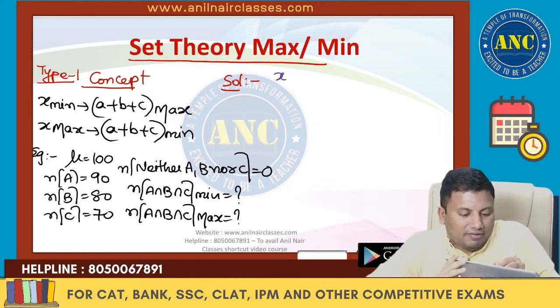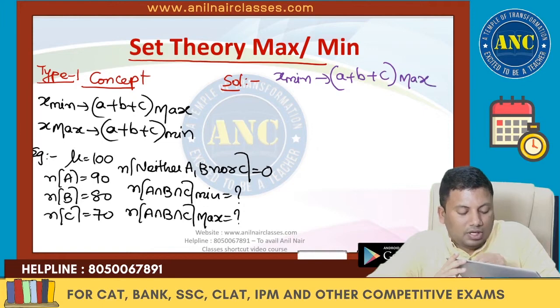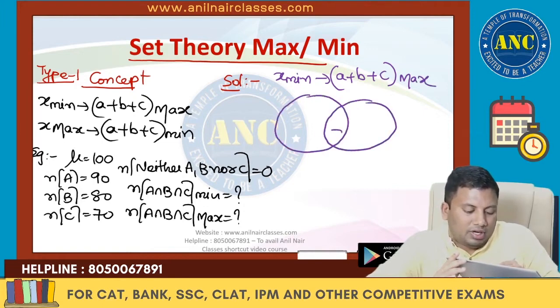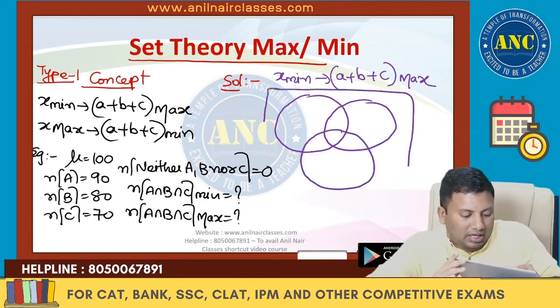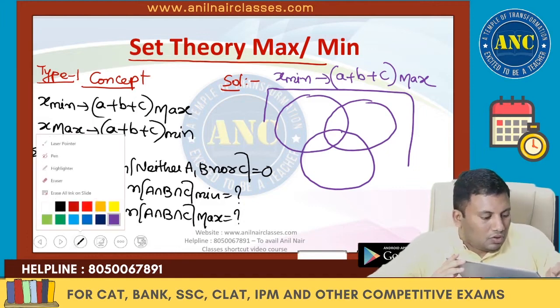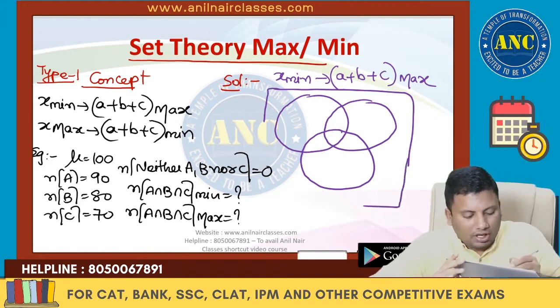First, we will do minimum. X minimum means a plus b plus c should be maximum. It is 3 sets. This one, and this one. Total, it is nothing but total.